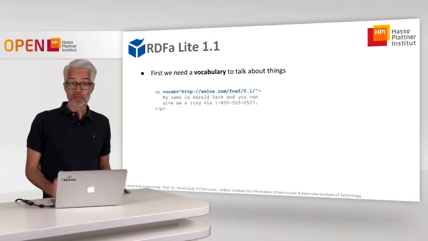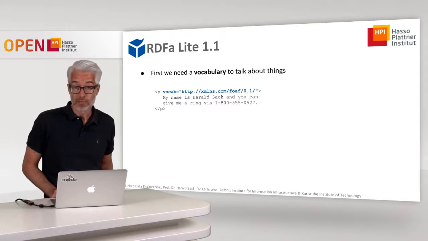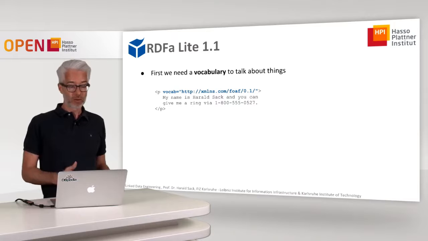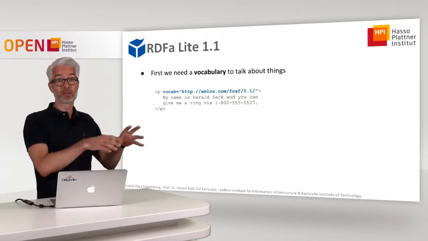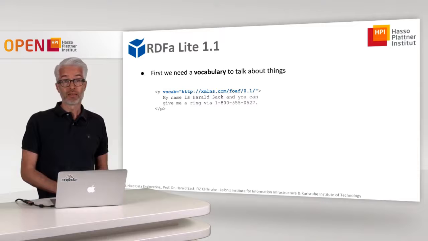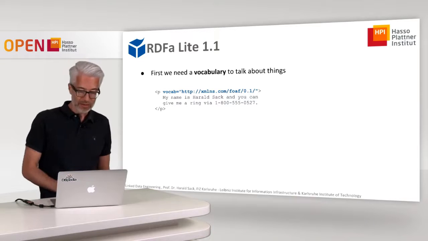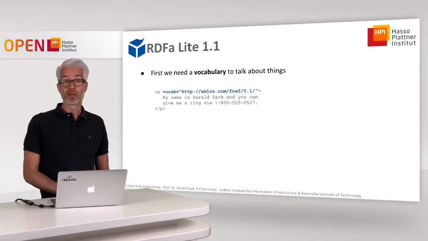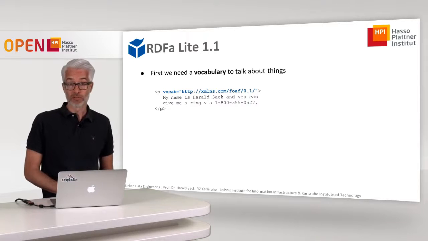What we can do first is say, okay, we want to use some RDFa data, but for that we first want to make sure to use a specific vocabulary, a place where the RDFa that we are using is defined. We are, for example, using an already existing vocabulary, which is FOAF, the friend of a friend vocabulary. You will see this more often in the course of the lecture.